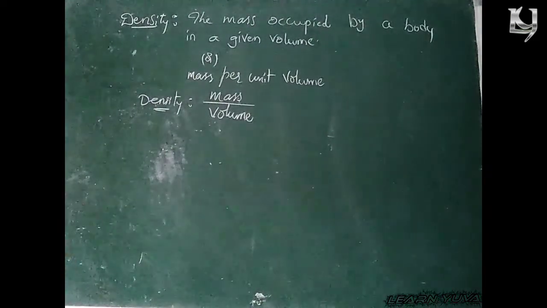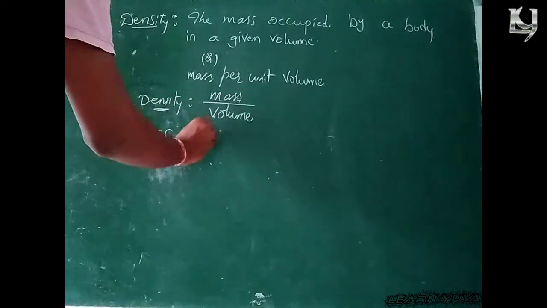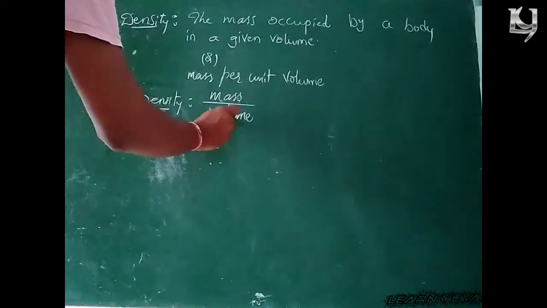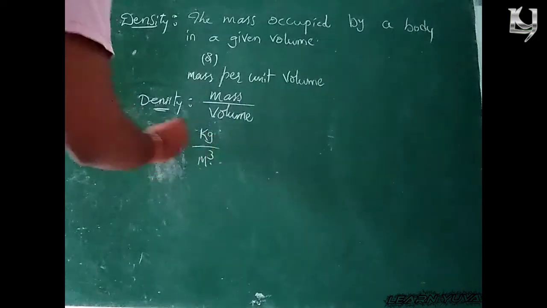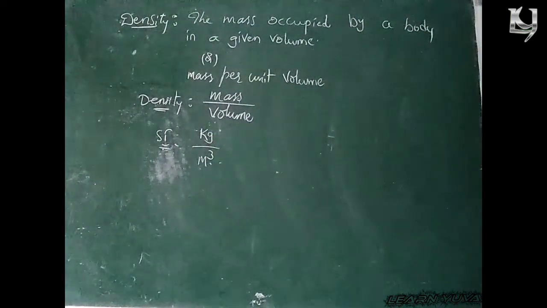So coming to the units, the SI unit for mass is kg, for volume meter cube, so kg by meter cube, because it is for solids.